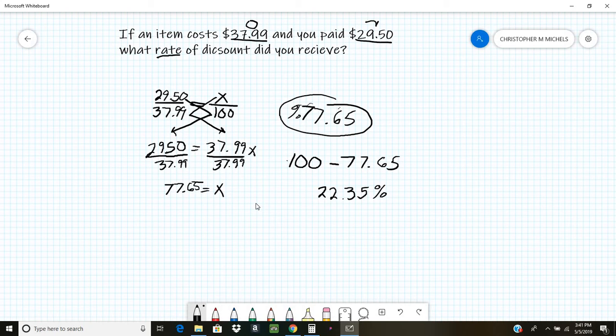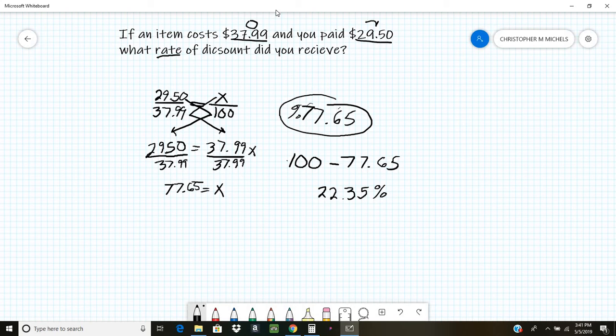It should be setting off alarm bells in your head, like 77% seems a little far-fetched. The other way you could have done this problem is to figure out your discount amount, subtract $29.50 from $37.99, and then put that number over $37.99, and that would have taken you straight to the 22.35%.